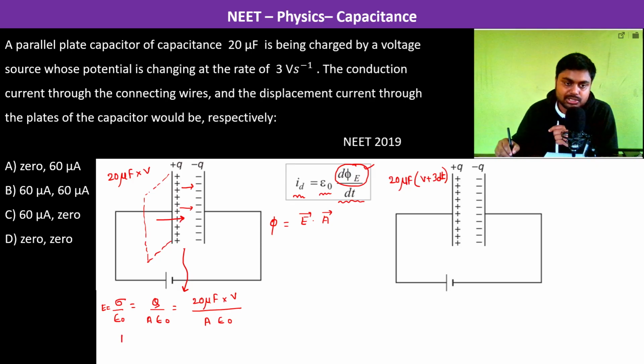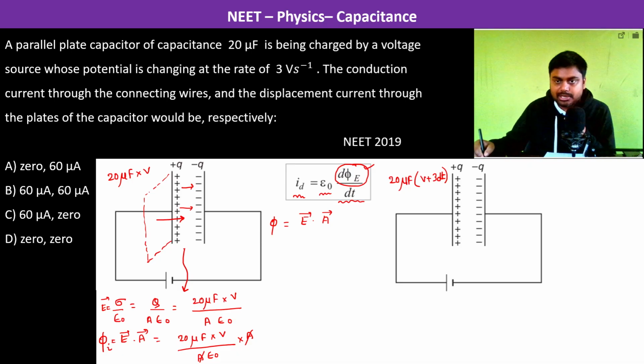So E dot A is going to be 20 microfarads into V divided by A epsilon naught into A, which is the initial phi.